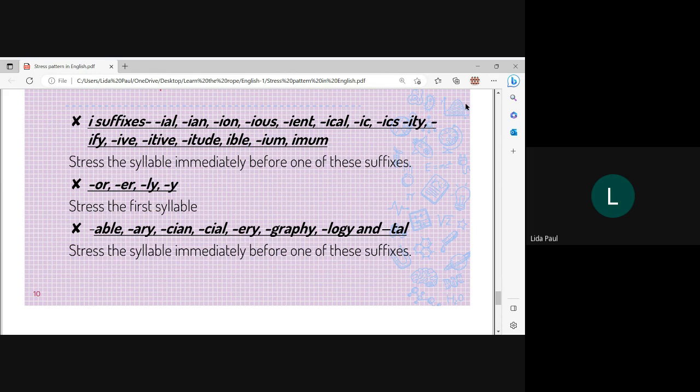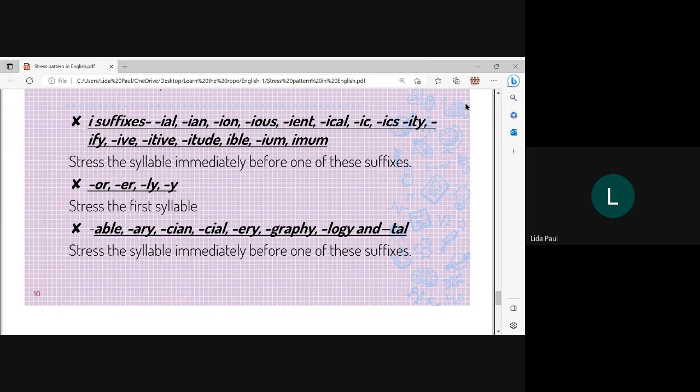All of them will take the stress on the penultimate syllable. Now you understand what is penultimate, so I'm not going to explain it again: the one right before the suffix. Whichever is the syllable right before the syllable carrying the suffix is where your stress is going to be marked.